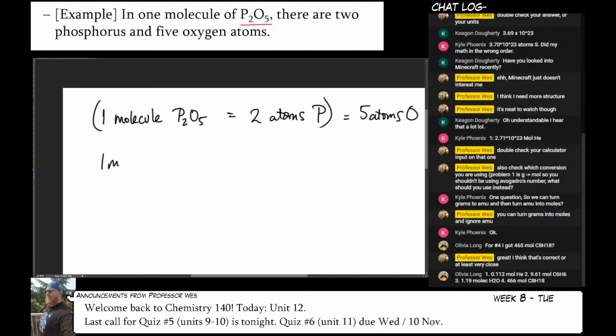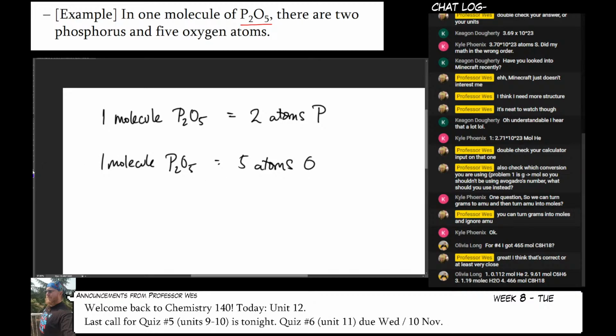I could also just say that one molecule of P2O5 equals 5 atoms of oxygen, and just separate them into two statements like this, yeah? That's allowed. So now I have two statements that are separate from each other.